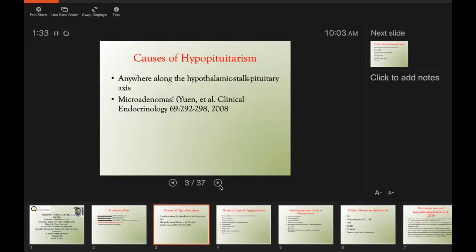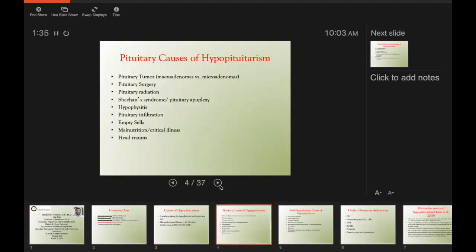affected. Some of the pituitary causes of hypopituitarism include pituitary tumors, macroadenomas and microadenomas, pituitary surgery, pituitary radiation, Sheehan syndrome, which is like a little mini stroke to the pituitary after pregnancy, pituitary apoplexy, hypophysitis, pituitary inflammation, empty sella, malnutrition and critical illness, and head trauma.